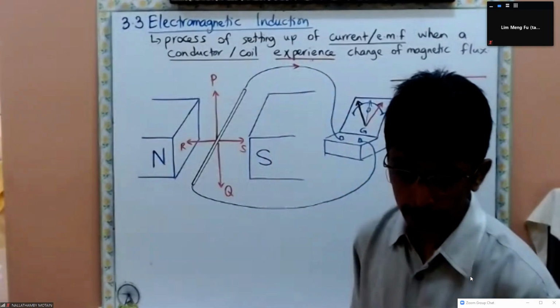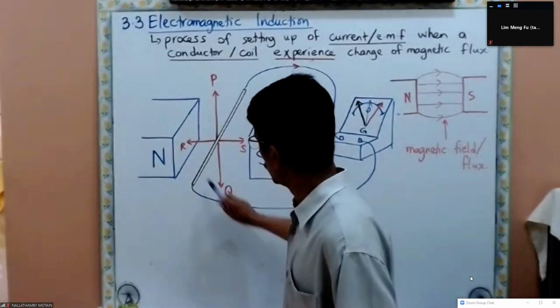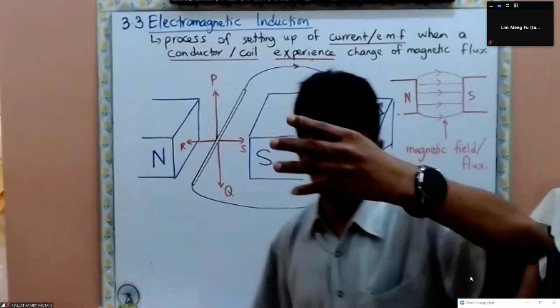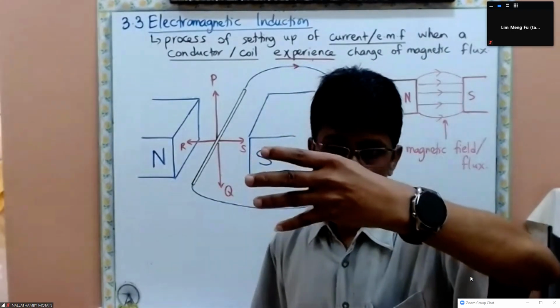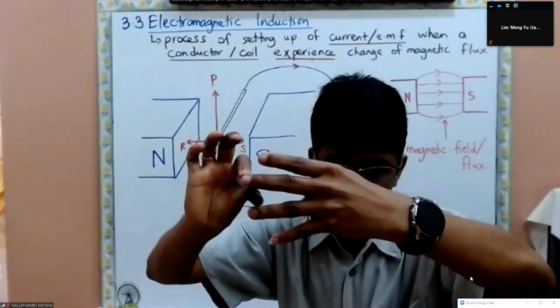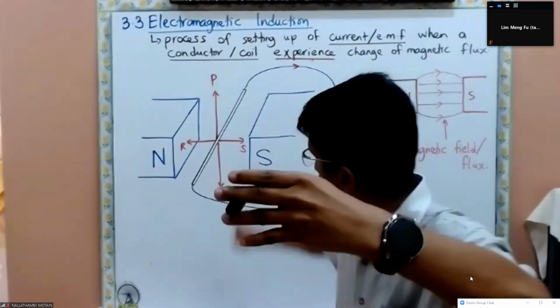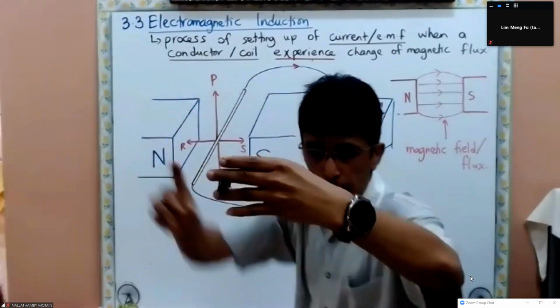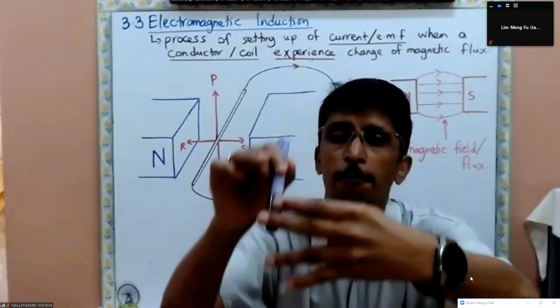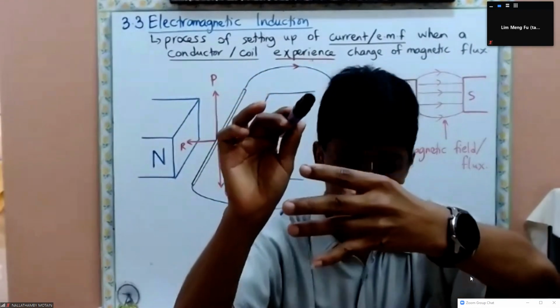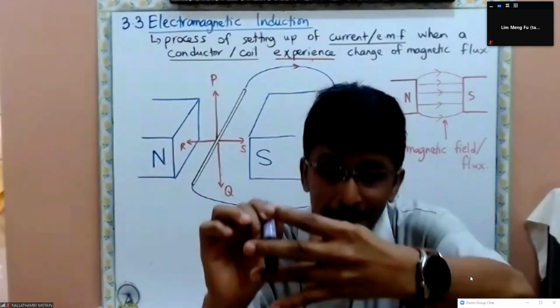All of you listen. P, Q, R, S. Here there is a magnetic field. The conductor is inside. If the conductor moves upward, is it cutting magnetic flux? Yes. It will cut the magnetic flux.